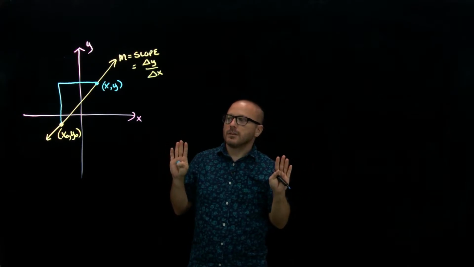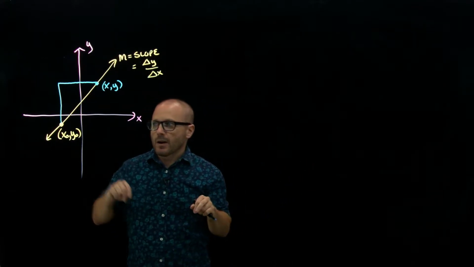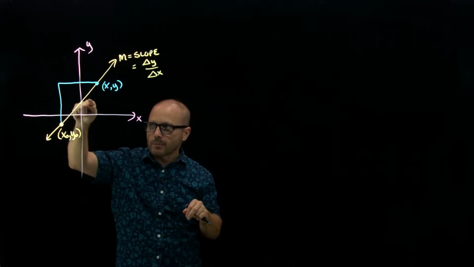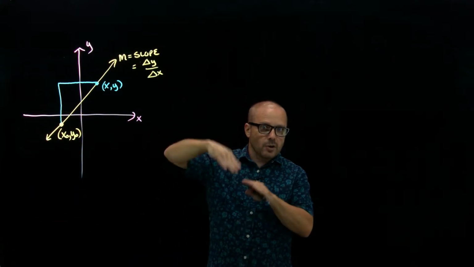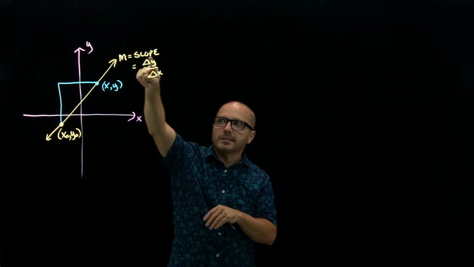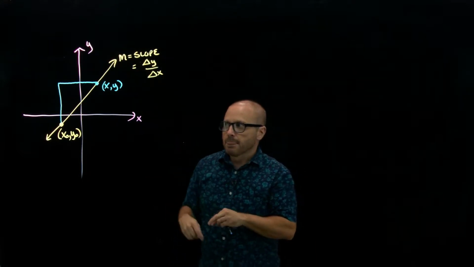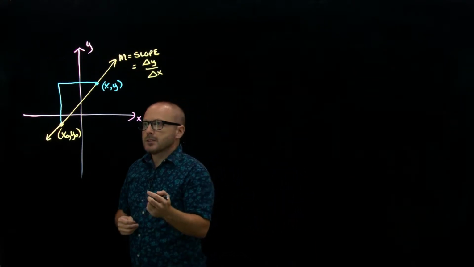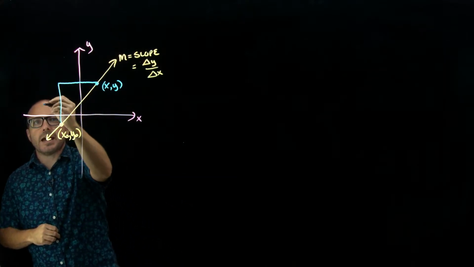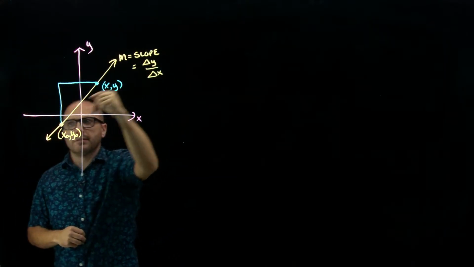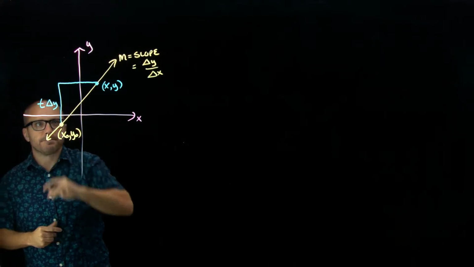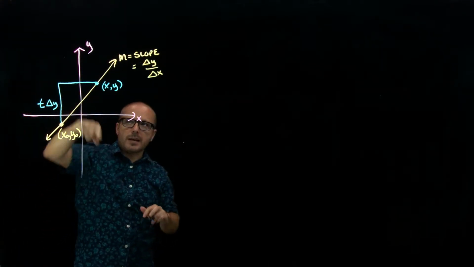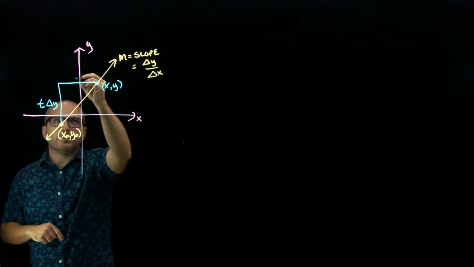The slope is constant. So no matter where I'm at, if I go to that point or that point or this point or a point way down here, the ratio of the change in x and change in y will be the same as whatever this fraction is. That's what it means to be a line. So that means that this up and down has to be some multiple of this. I'll say t times delta y. And this left-right has to be some multiple of that delta x.